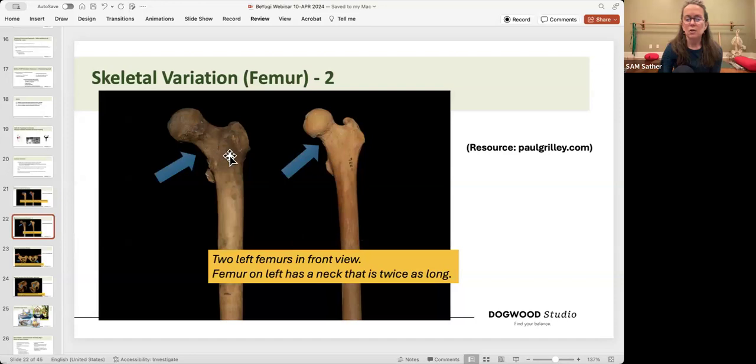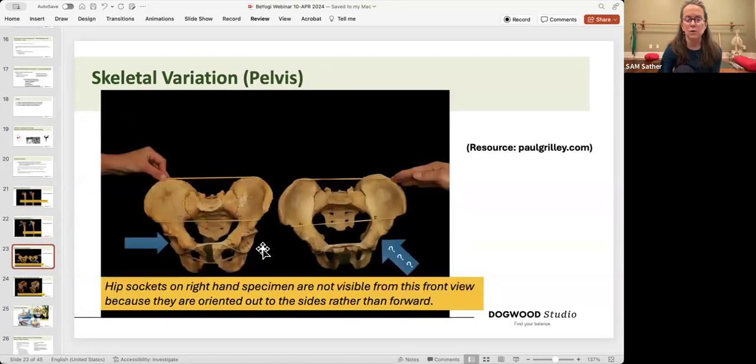So this is where the femur neck is twice as long as this one. And here I want you to focus on this is where the femur heads come into the pelvis. You can't even see these. So these pelvises are facing straight ahead. So this pelvis is not being tipped forward compared to this one.